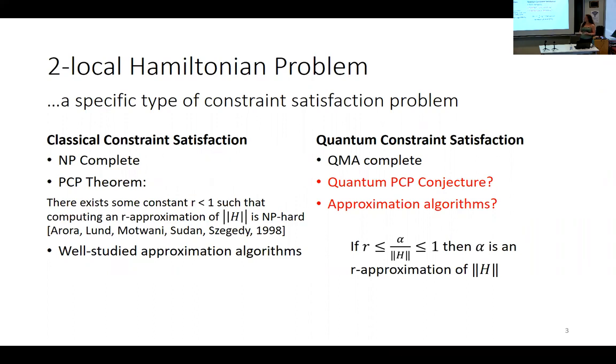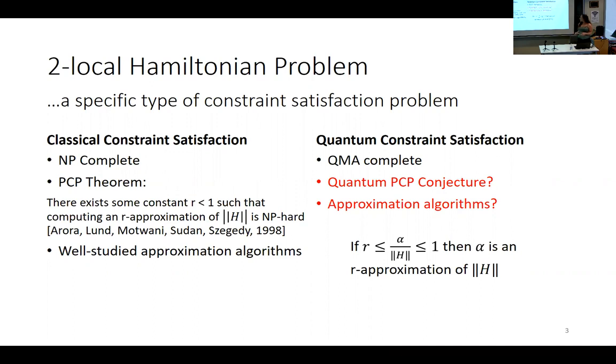And we have what's called the PCP theorem, probabilistically checkable proofs, which says that it's even hard to approximate them for some approximation ratio. And then we have well-studied approximation algorithms to see how close we can get anyways. In quantum land, we know that it's QMA complete, which is the analog of NP complete. We don't have a quantum PCP theorem, it's a conjecture. So we don't know if it's hard to approximate them, and we're still looking for good approximation algorithms.